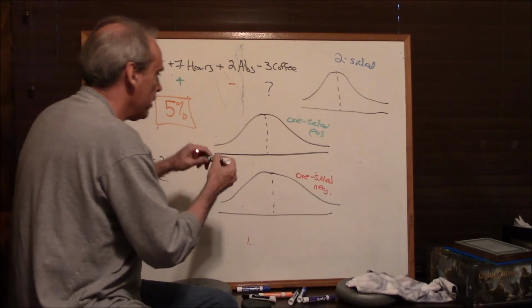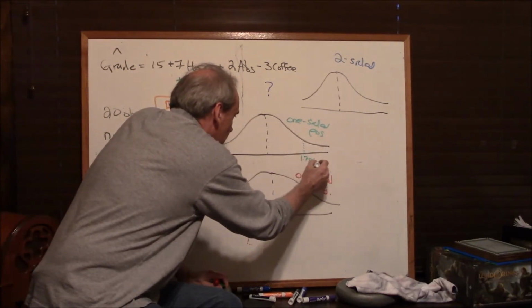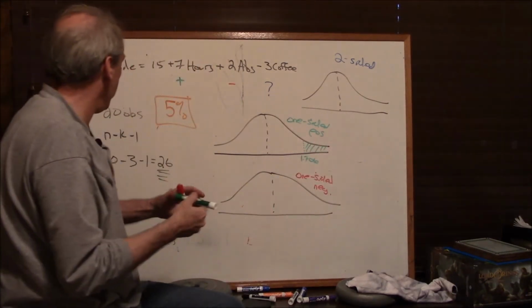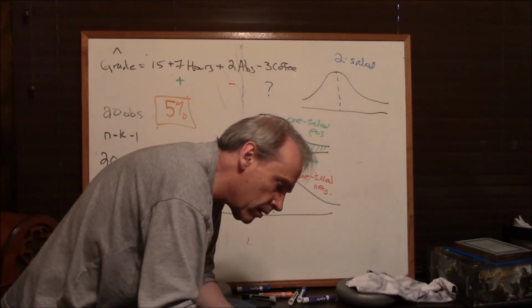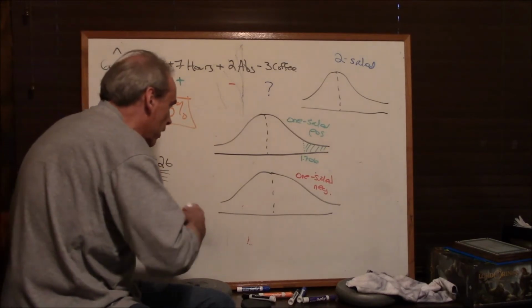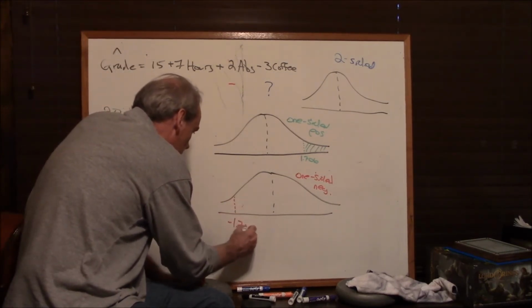It is 1.706. Let me double check. 5%, 26 degrees of freedom, one-sided. 1.706. That's right. That also tells me what it is down here, right? Negative 1.706.